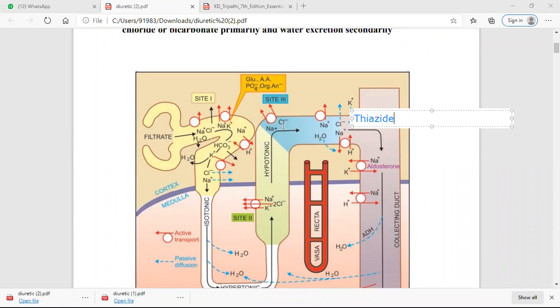Hence it is called the thiazide diuretic. The site of action is the distal convoluted tubule. Its major action occurs in the distal convoluted tubule.